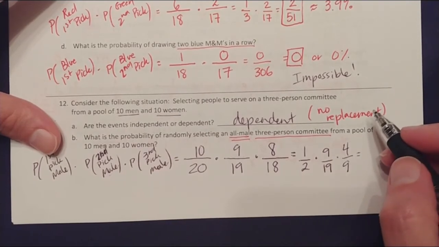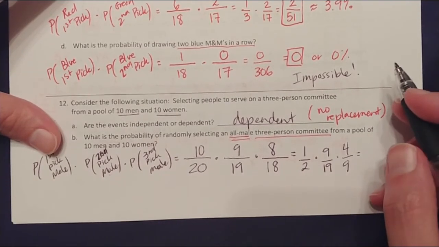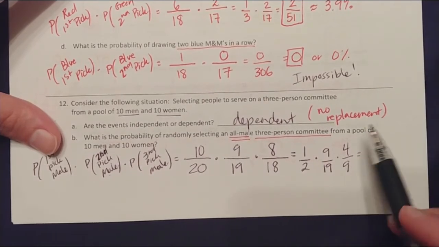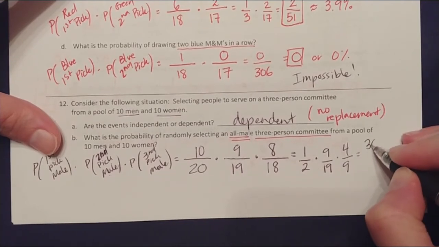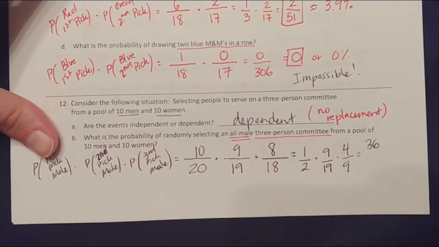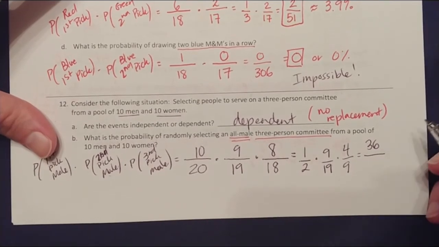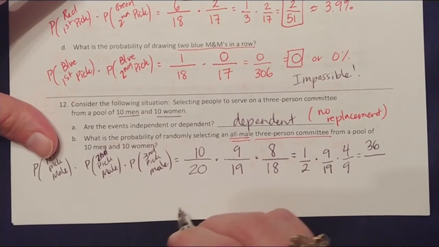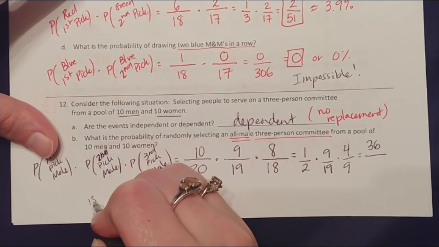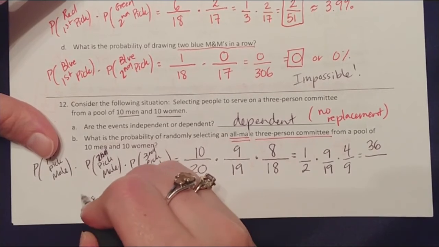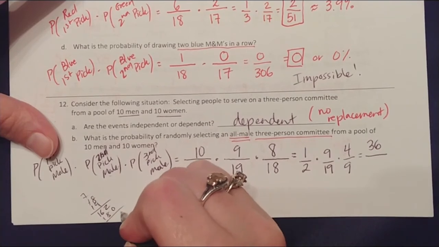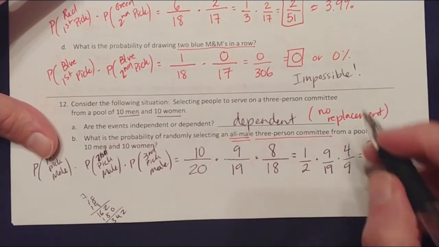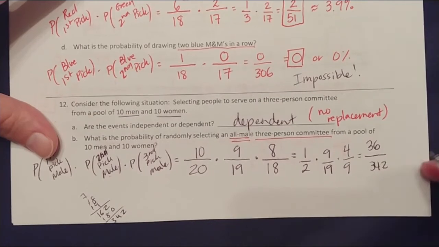All right, so now if we multiply, we are going to get 1 times 9 times 4, which is 36, over 18 times 19. So let's do that just quickly here. That's 342.